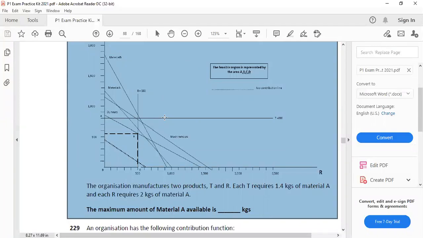But then, if they take up the production of these two, that is R 500 and T 800, they are not reaching the optimal solution because maybe some other constraint is present there which will not allow them to take up the production of one of the products. So T, because it is not touching the optimal point, it will not be considered. But R is touching the optimal point, so only R will be taken up. And R requires 2 kgs of material A. Therefore, 2 into 500.